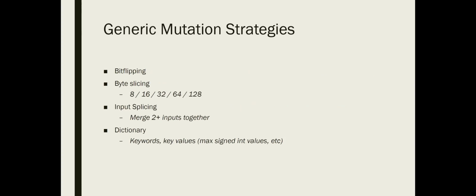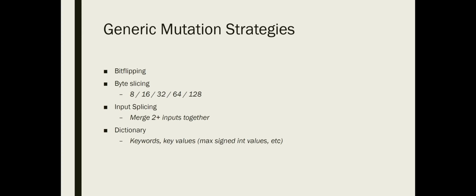Most fuzzers, like what we'll be using, come with some generic mutation strategies, like flipping bits, taking byte slices of various sizes and flipping those. Input splicing, which is just merging multiple inputs together. They might have a dictionary of keywords or key values, like the maximum int value or the lowest int value, or the maximum 64-bit value, signed and unsigned, and things like that, so that they can do generic mutation on your target.